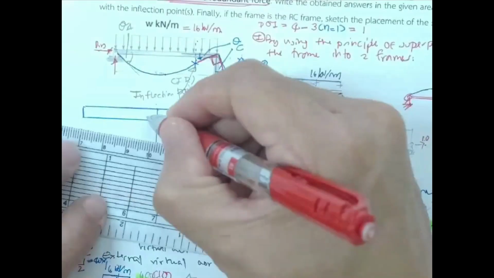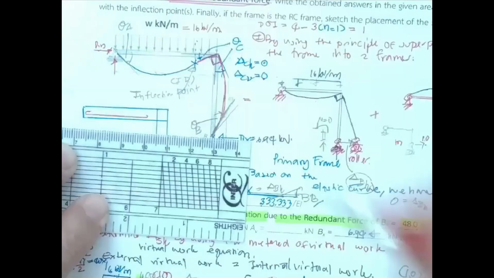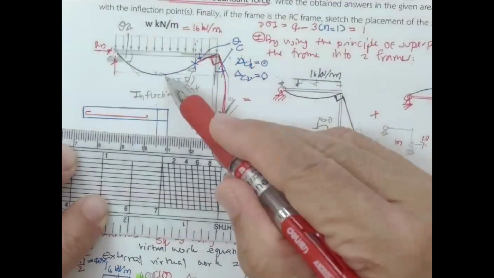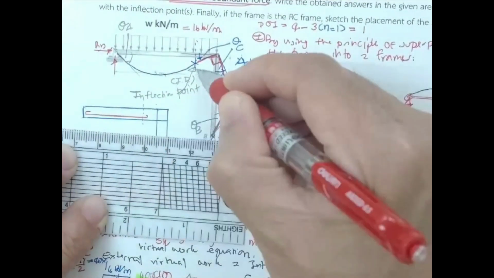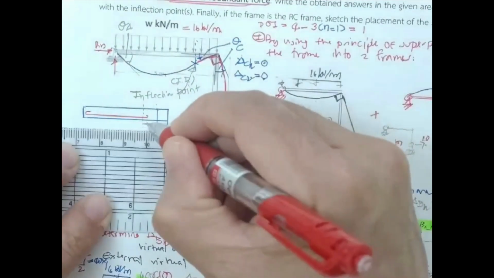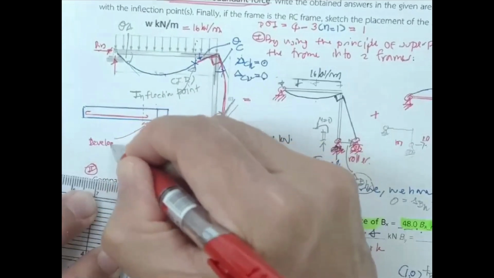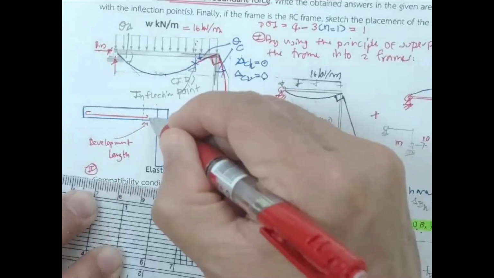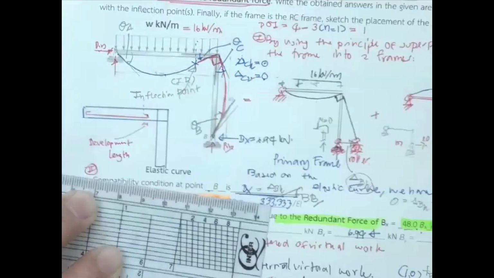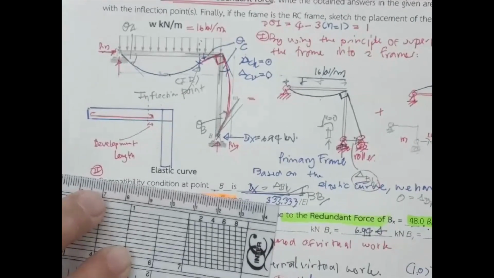So on this portion, you may put the reinforcement like this to take care of the tension on the bottom. And this is going to be your inflection point. Most of the time, you have to have what is called development length, passing the inflection point and hooking it, to have a good bond between the concrete and the steel.